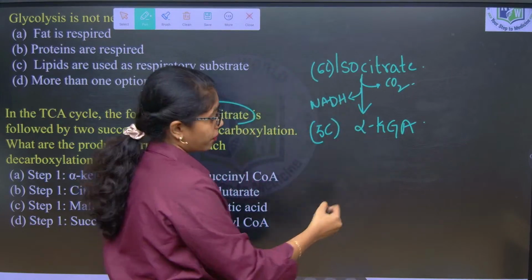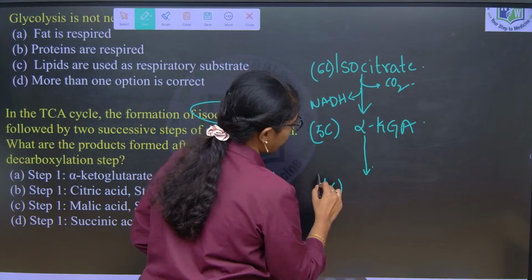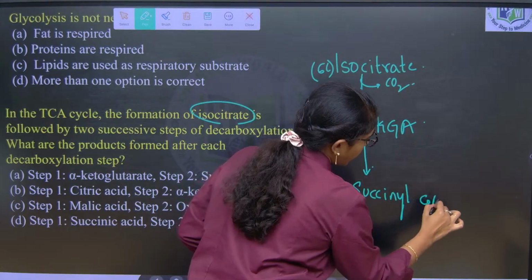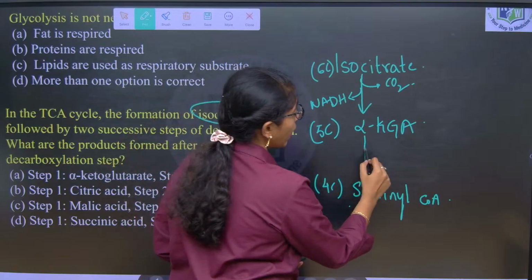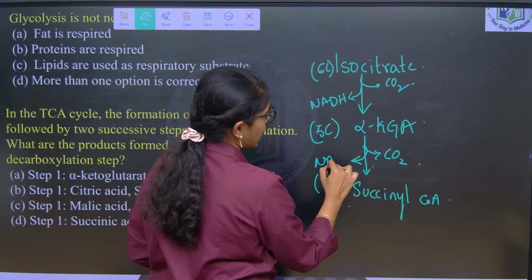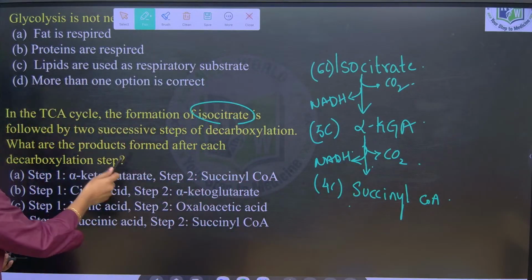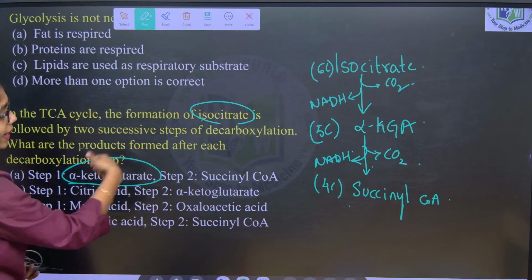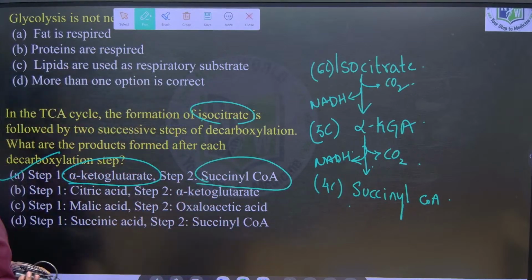Fine. Now, alpha ketoglutaric acid is converted to 4 carbon succinyl-CoA, wherein 1 carbon dioxide is eliminated, and here also NADH is released. So with this you can clearly say the first product after isocitrate will be alpha ketoglutarate, and then succinyl-CoA. So it is option A.